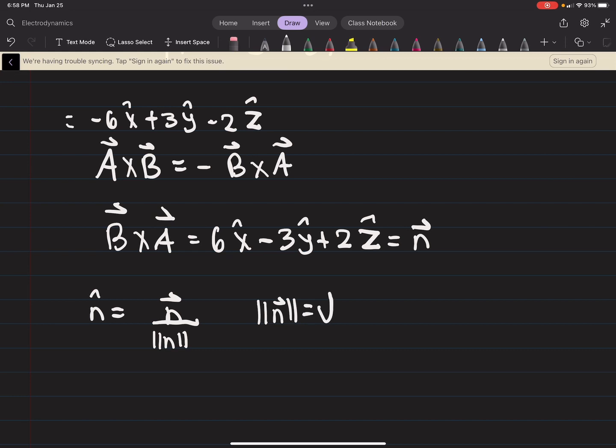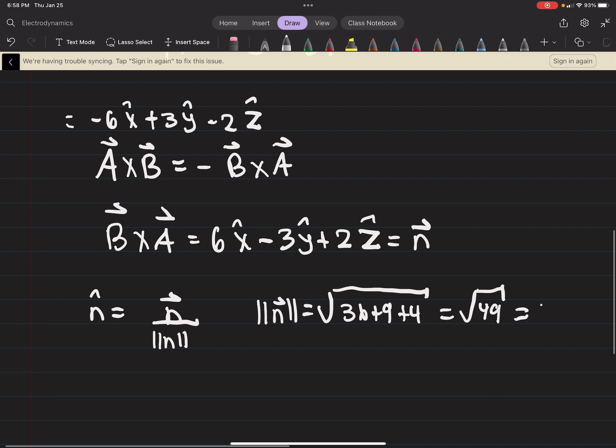That's the square root of 6 squared, which is 36, plus 3 squared, which is 9, plus 2 squared, which is 4. So 36 plus 9 is 45, plus 4 is 49, and the square root of 49 comes out nicely to just 7.